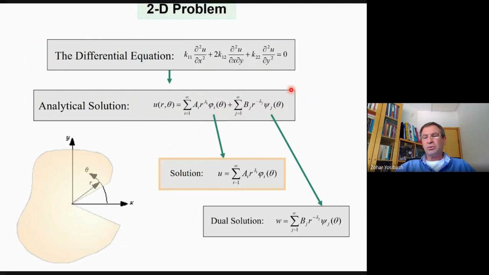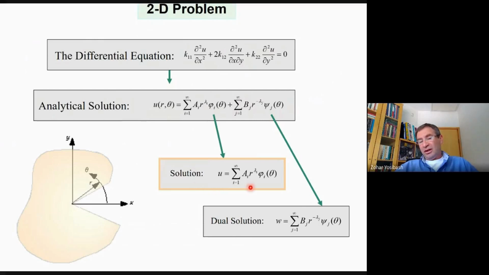Therefore, we throw that away. Mathematically speaking, we say that these functions do not belong to the H1 norm, the Sobolev norm. Therefore, they are not an admissible solution for such a problem. But from the mathematical point of view, these ones would solve this equation.